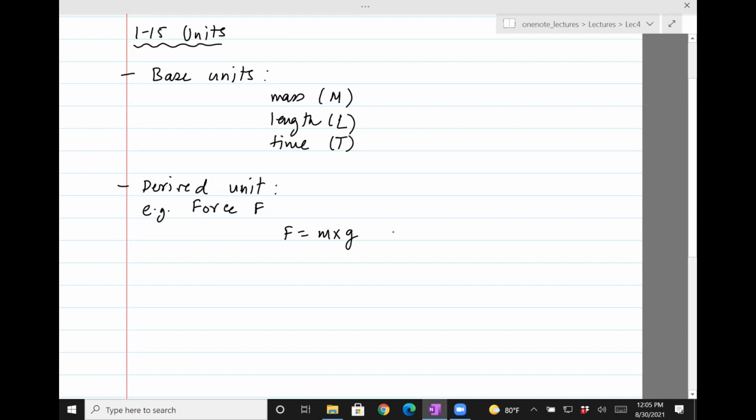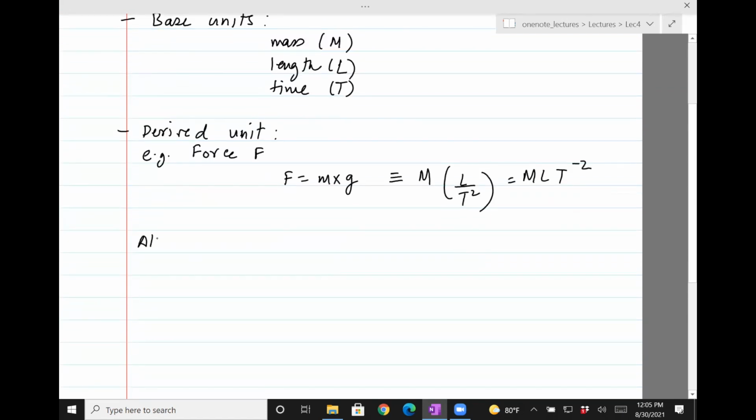Then we can set up the units: the units of mass is M, and g is length per time squared, or L divided by T squared, which gives M L T to the minus 2. So now we have a measure for force in terms of our base units.